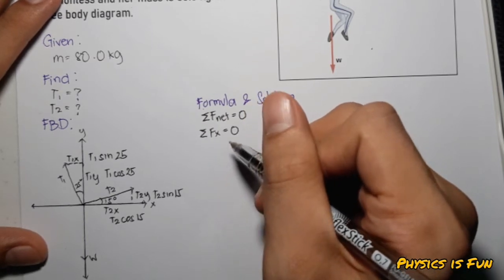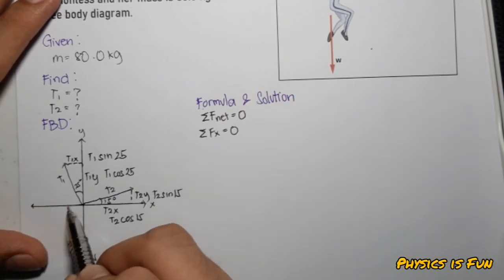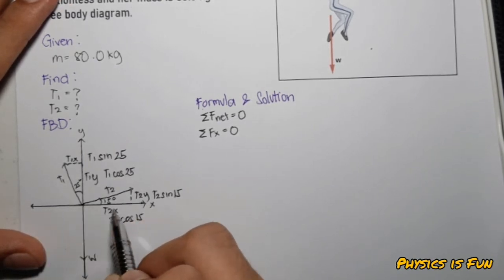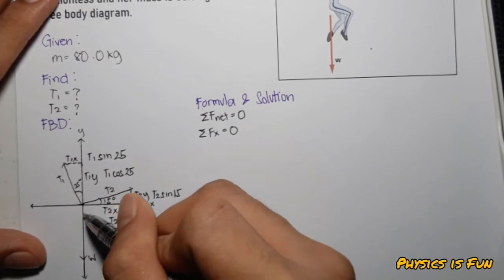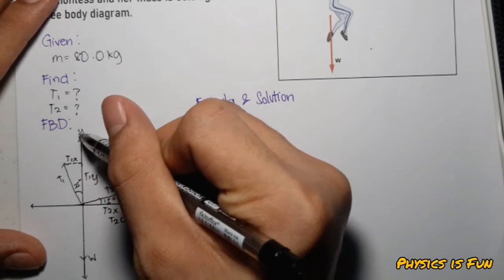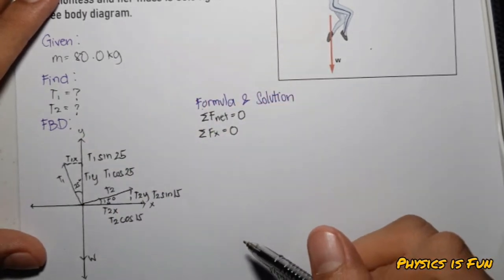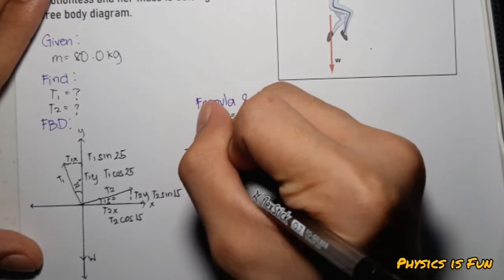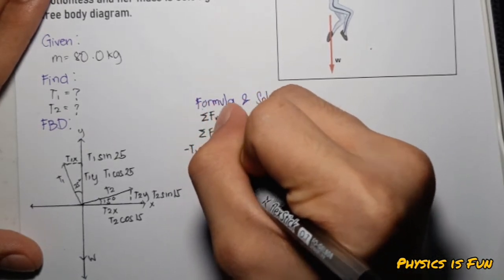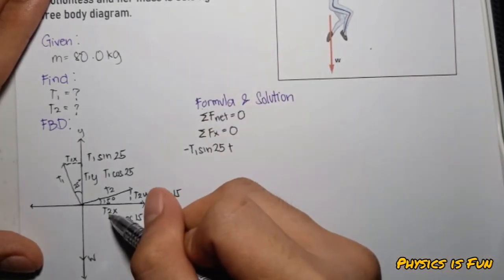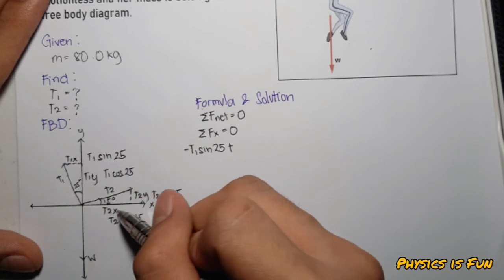If your answer is negative, you're correct, since it is on the negative x-axis. Again, for review, this is negative x-axis, positive x-axis. This is negative y-axis, and this is positive y-axis. Now, it will be negative, so it will be negative T1 sine 25 plus T2x. It is positive since it is on the positive x-axis.